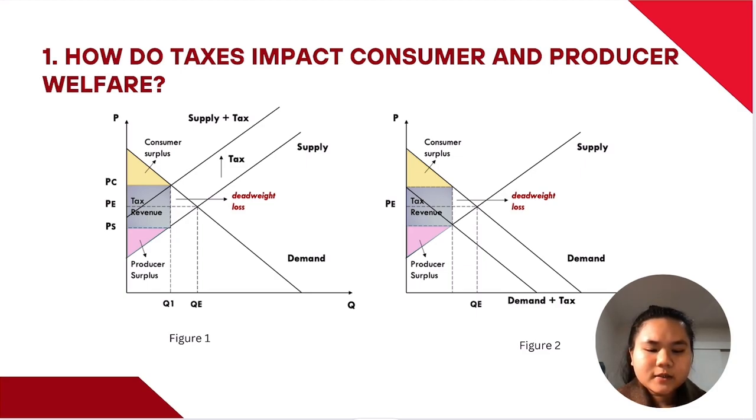while the producer surplus moves from the gray region to the pink region. The consumer surplus moves from the yellow region to the red region. The area of the triangle formed by the demand, supply, and supply tax curves, which is bigger than the new quantity exchanged as a result of the tax, is known as deadweight loss.